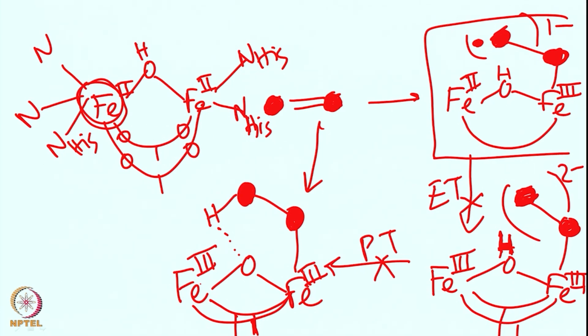So, it could be one electron transfer and one proton coupled electron transfer, PCET. Drawing this mechanism stepwise is perhaps not fair, because no such intermediate exists, and we cannot say for sure what exactly happens in a stepwise fashion.